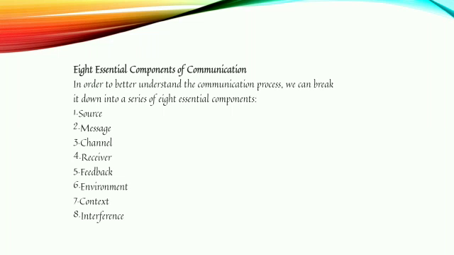Let's see the 8 essential components of communication. In order to better understand the communication process, we can break it down into a series of 8 essential components. They are source, message, channel, receiver, feedback, environment, context, and interference.